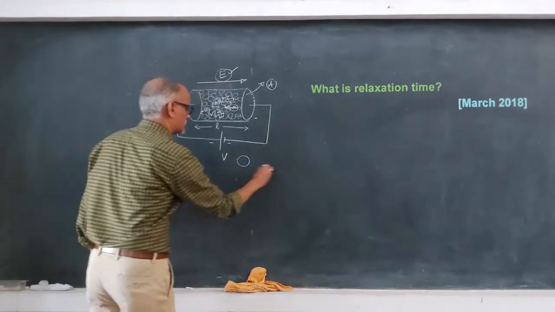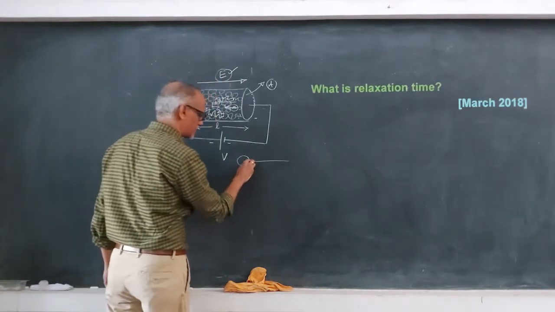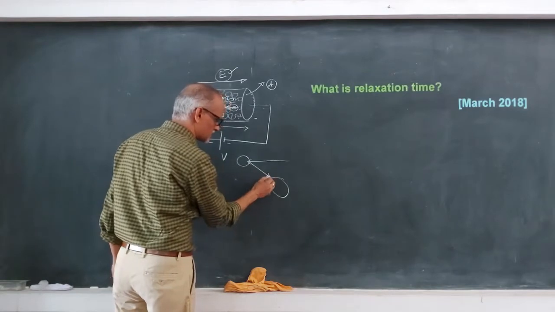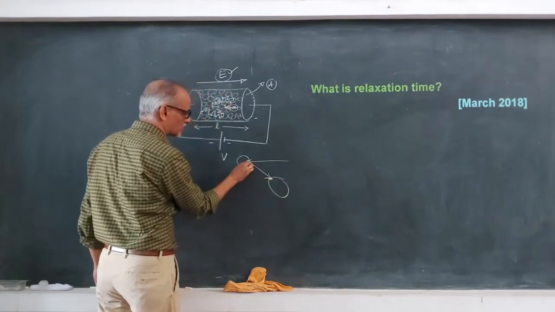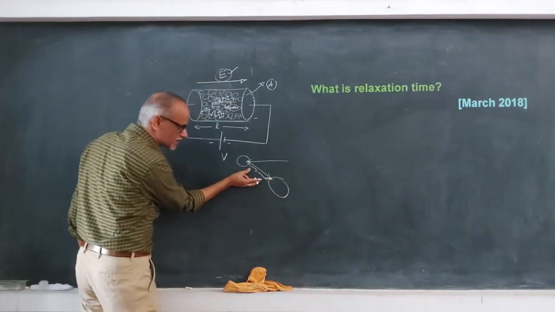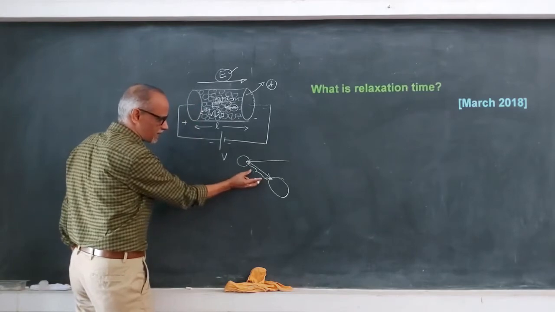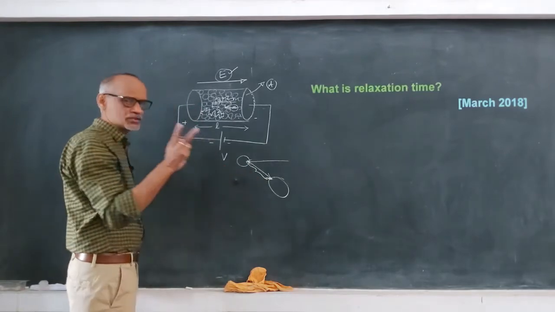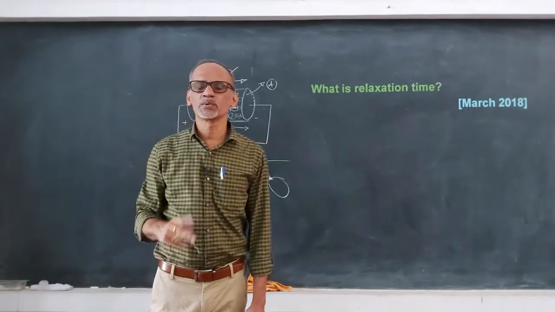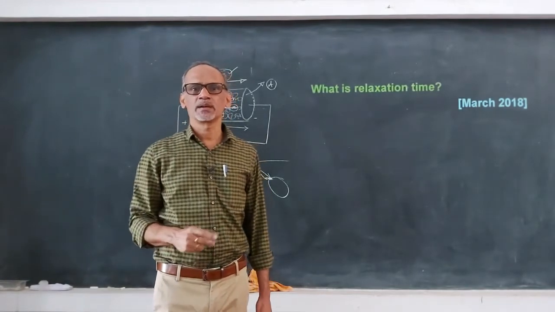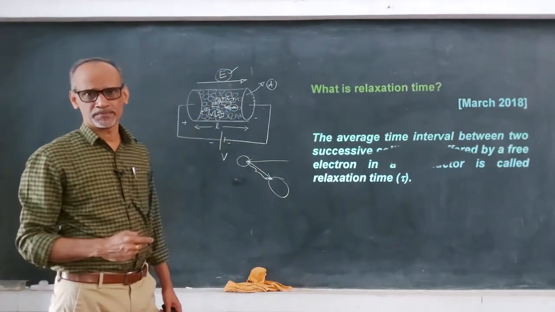Suppose it collides with one atom, rebounds, and again collides with one more atom. During this there is a time during which it doesn't collide, and that average time interval between two successive collisions is called the relaxation time.